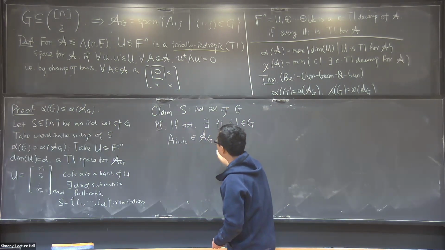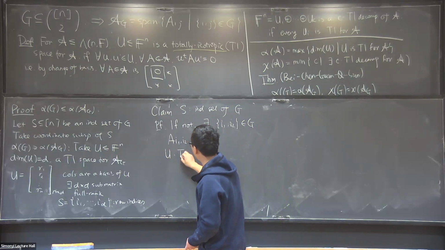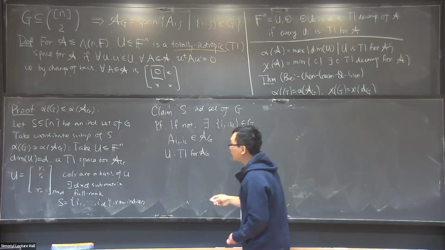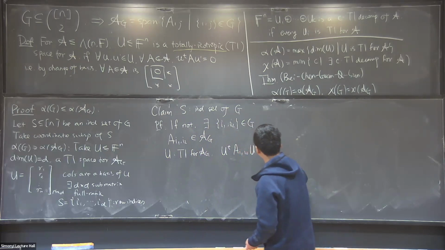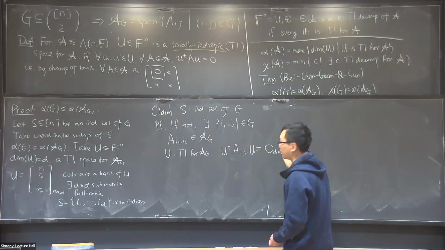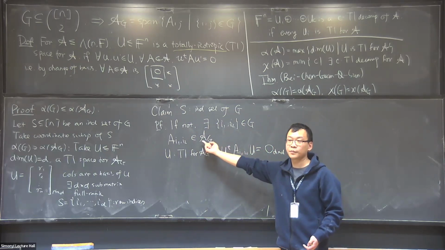But because U is totally isotropic for AG, it should mean that U transpose A_{i1,i2} U should be the zero matrix of size d by d, because it holds for every A in AG, so it must hold for this particular matrix.